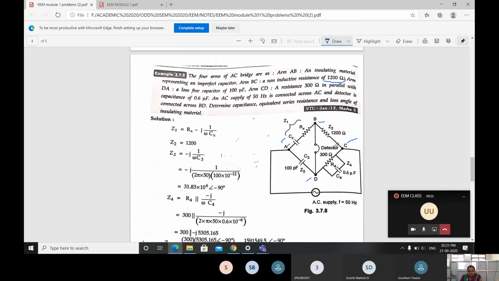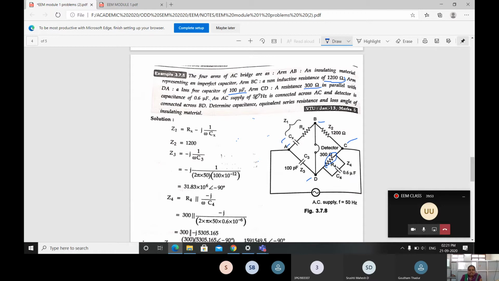Arm DA, a loss-free capacitor of 100 picofarad. Arm CD, a resistance of 300 ohm in parallel with a capacitance of 0.6 microfarad. This is what is given.